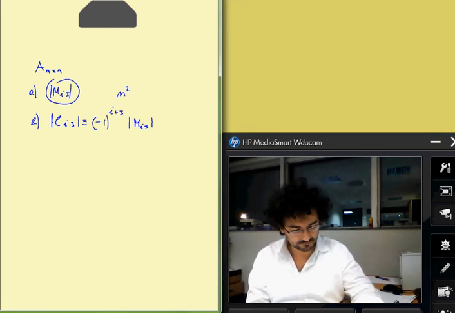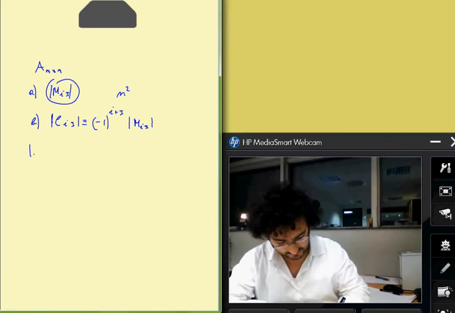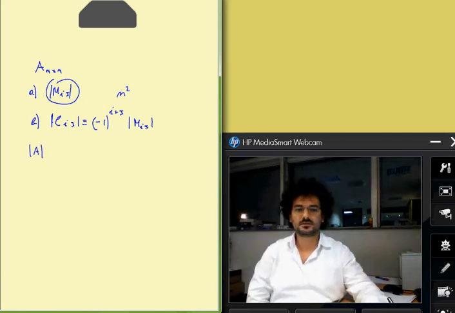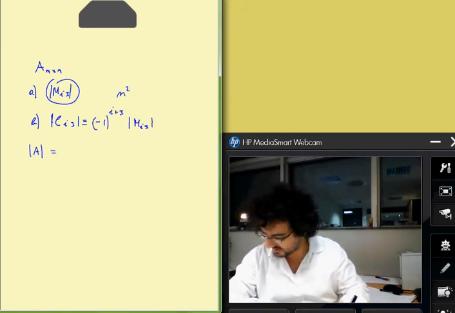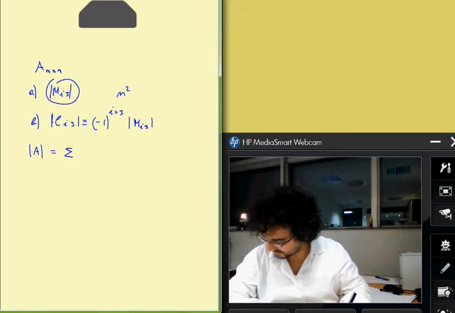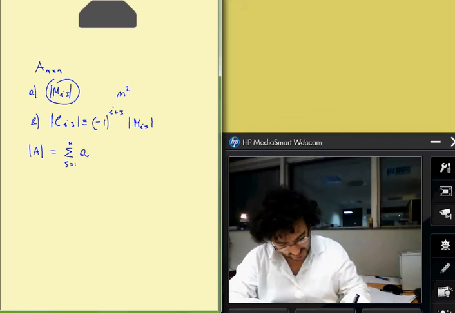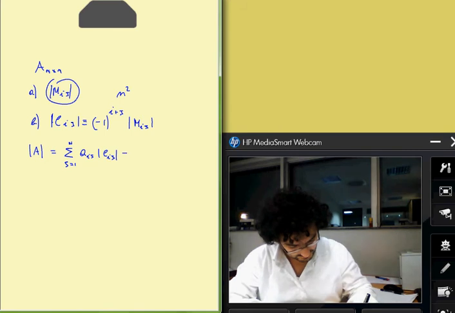Then we have the Laplace expansion in order to compute the determinant of matrix A, the scalar associated with matrix A. This will be equal to the sum for j equal to 1 until n of A_ij multiplied by the cofactor C_ij.